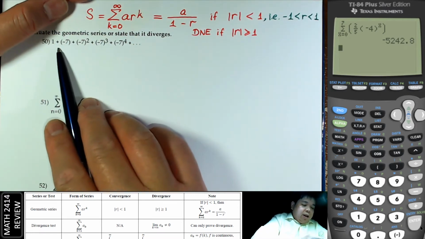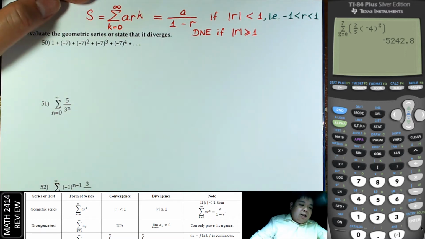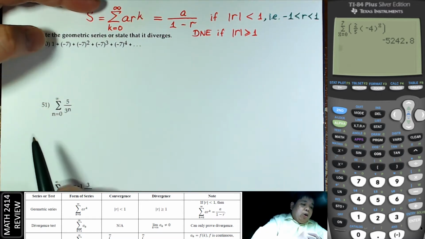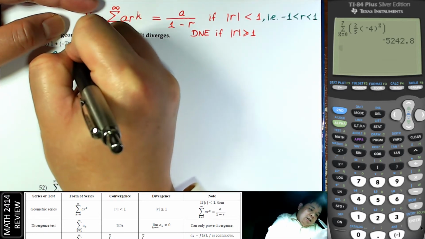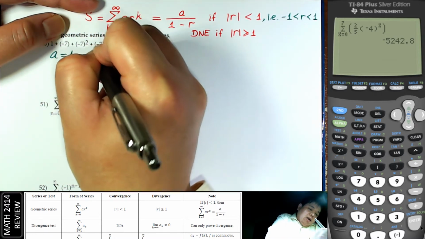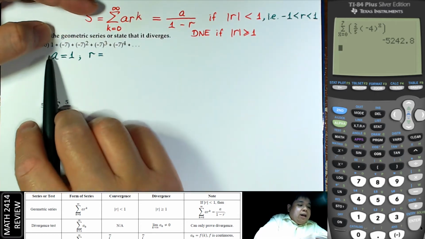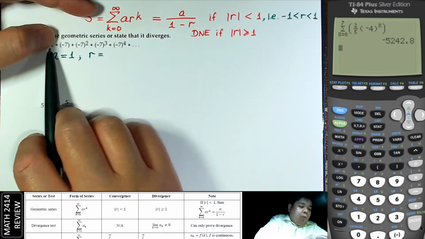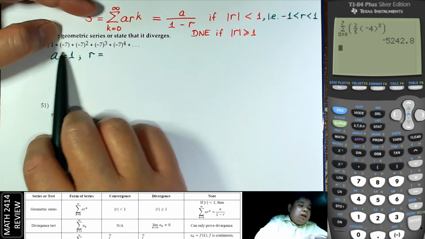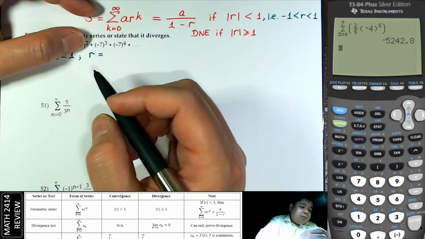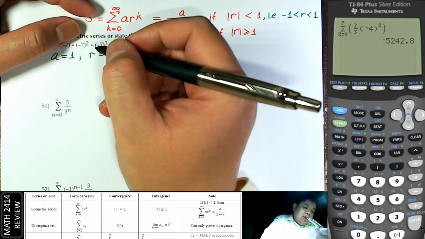Right, first, this is a geometric series. So we know the first term is 1, so we know that. And r, the ratio, is whatever we need to multiply from the first to get to the second term. So what we see here is the ratio is -7.